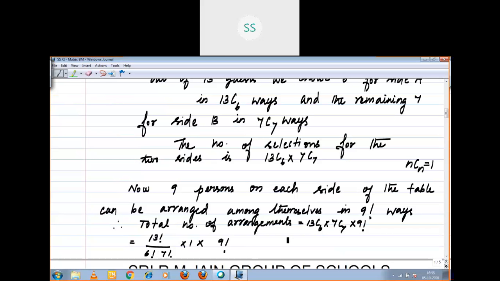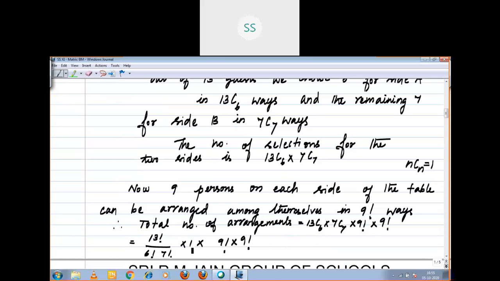Into 9 factorial. Either side, each side, no? So two times we have to put 9 factorial.